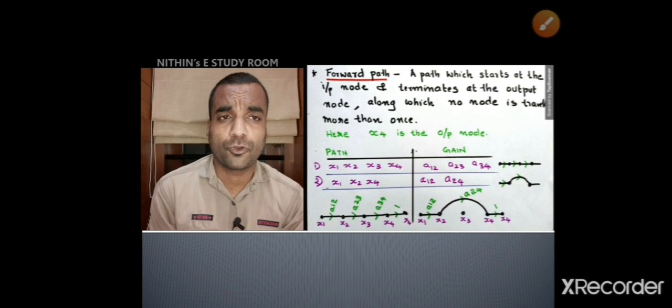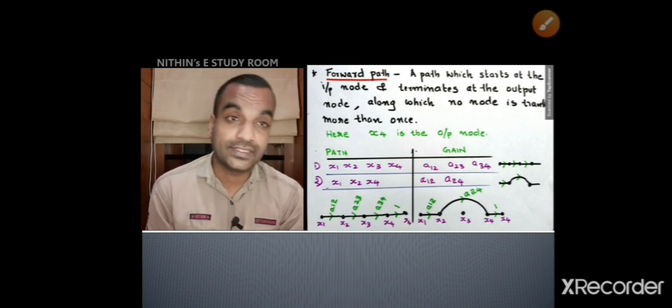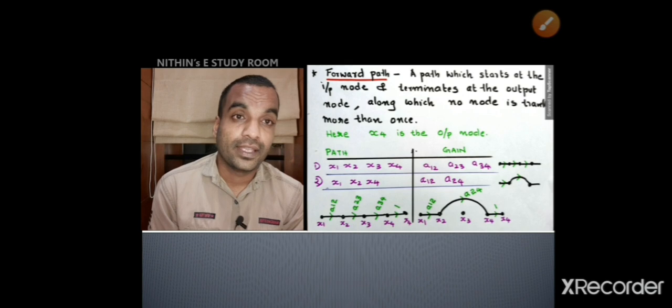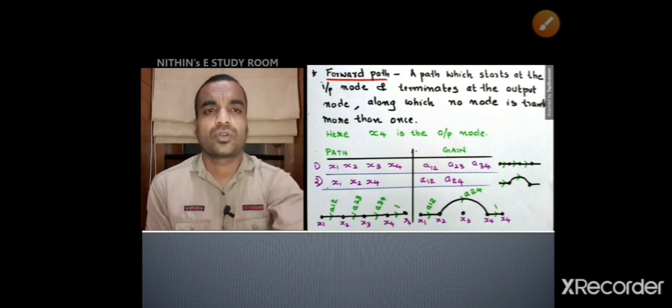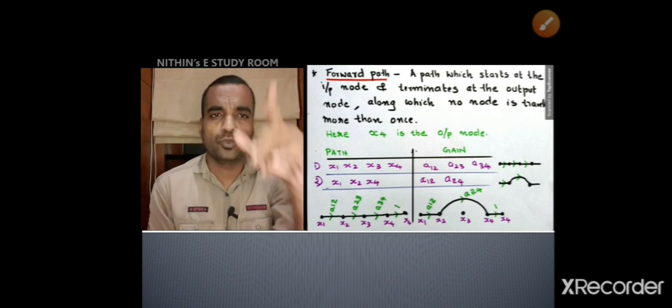Here x4 is the output node. I am reading the green line. Here x4 is the output node. So which are the paths and what are the corresponding gains? x1, x2, x3, x4, that is one path. I have drawn that path here also. While specifying the path, I just eliminated the loops and all.